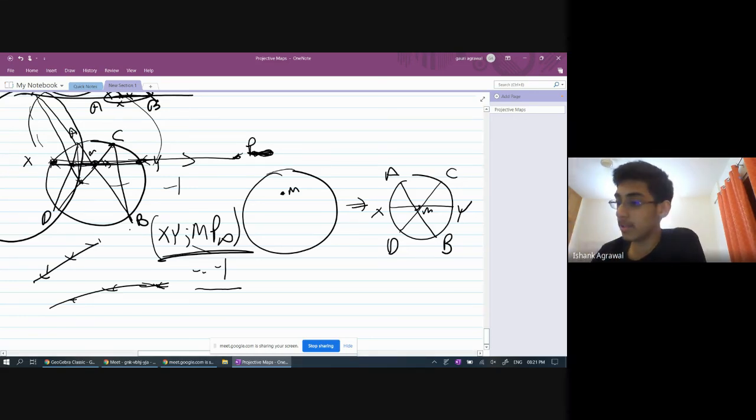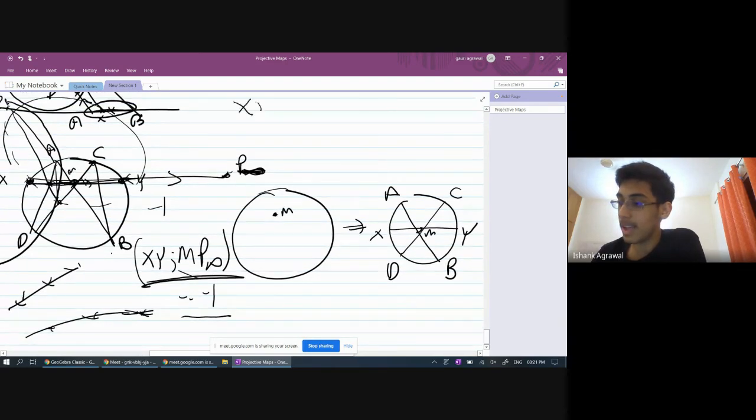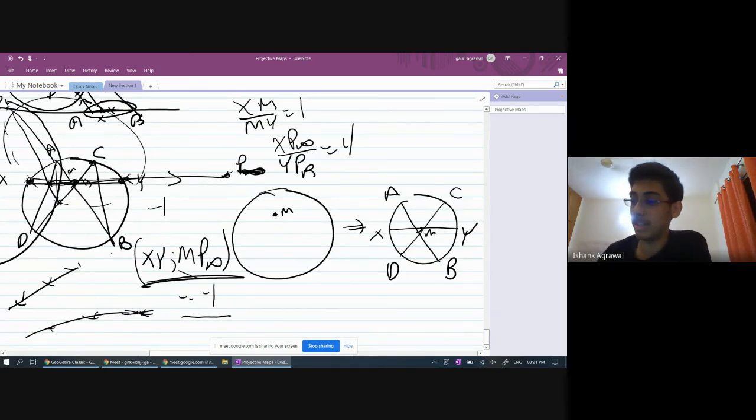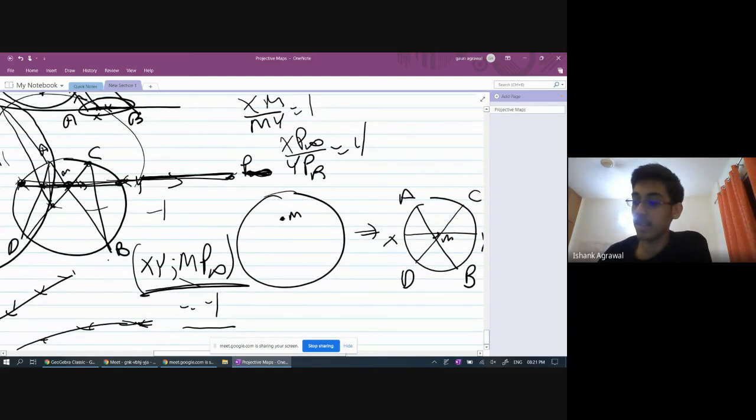Okay, so this will be -1 because XM by MY is 1 and XP-infinity by YP-infinity is -1, basically because these two lengths, as P goes towards infinity, tend to 1. Those become almost equal.